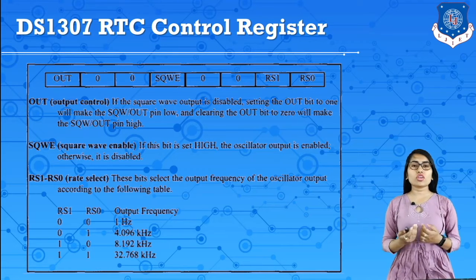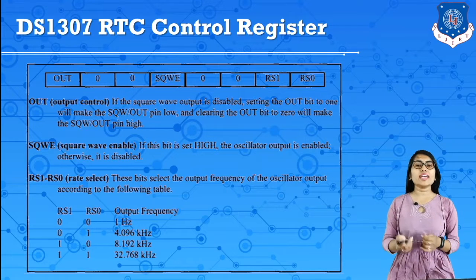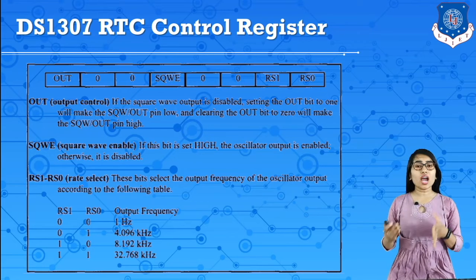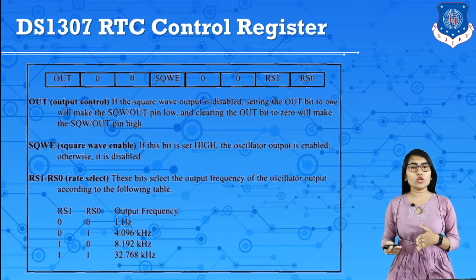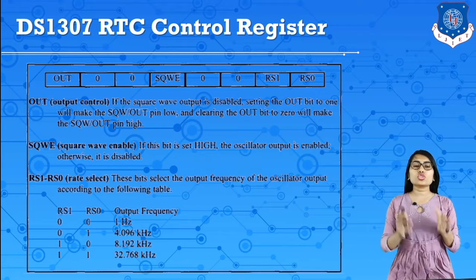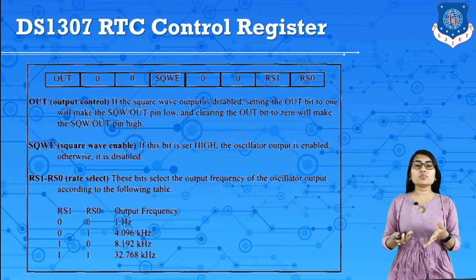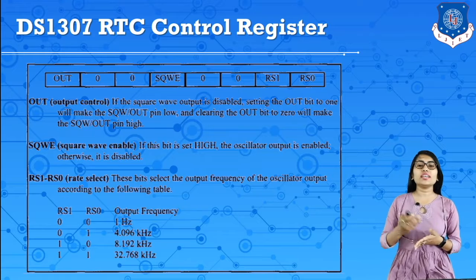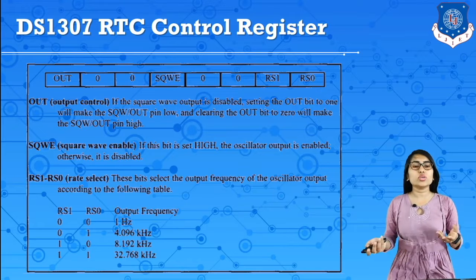If the square wave output is disabled, setting the OUT bit to 1 will make the SQW/out pin low, and clearing the OUT bit to 0 will make the SQW/out pin high. Next is SQWE, square wave enable. If this bit is set high, the oscillator output is enabled, otherwise it is disabled.